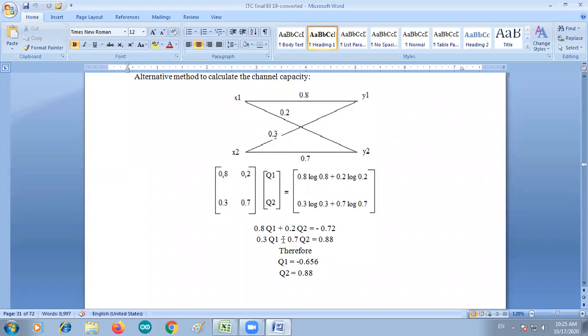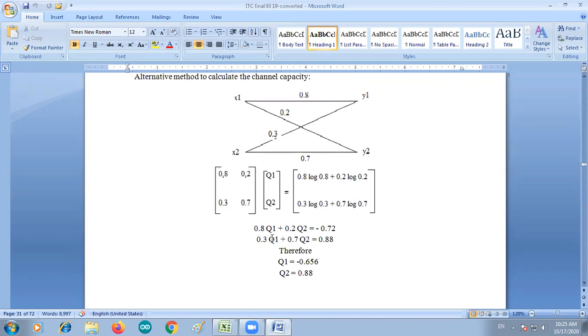That is, 0.8 Q1 plus 0.2 Q2 is equal to minus 0.72, calculated from 0.8 log 0.8 plus 0.2 log 0.2. Like that, 0.3 into Q1 plus 0.7 into Q2 is equal to 0.3 log 0.3 plus 0.7 log 0.7. The logarithmic base is 2 only. Students, please remember that here you use the logarithmic base 2.